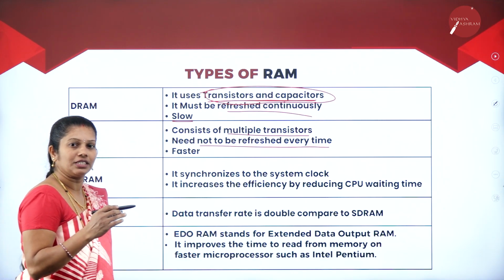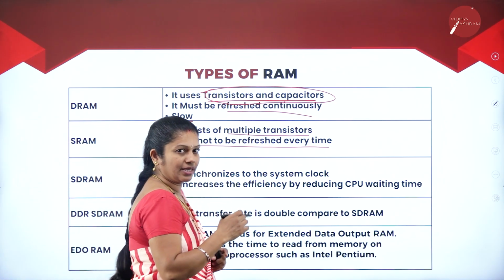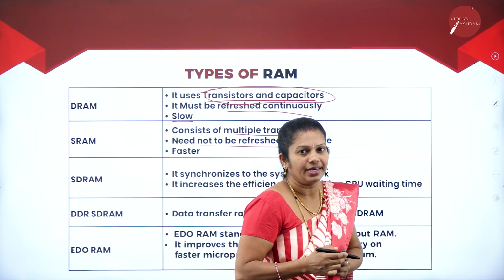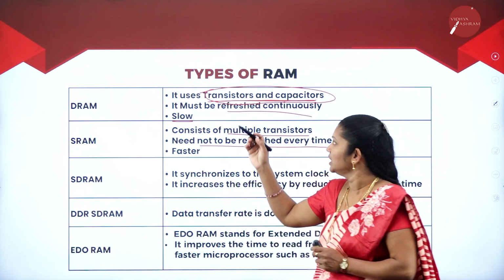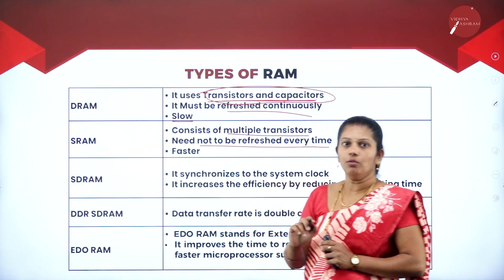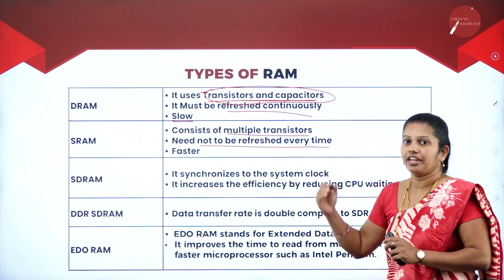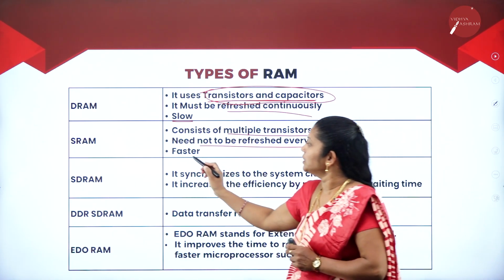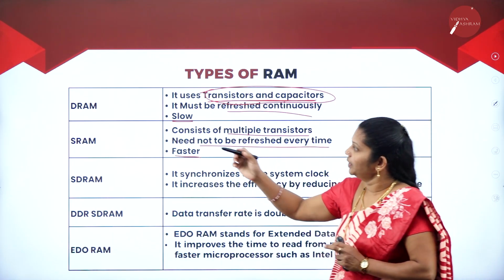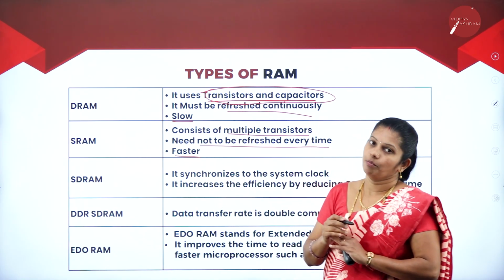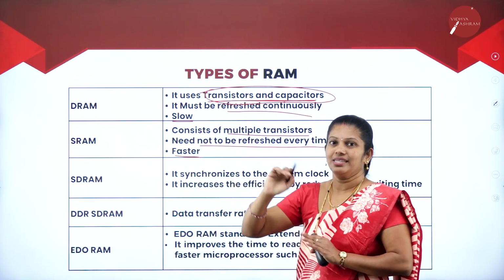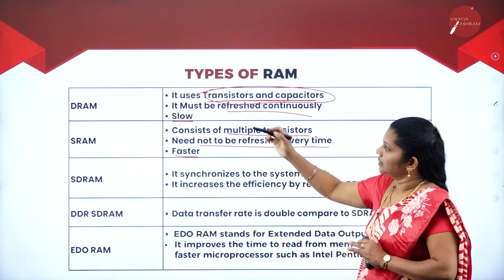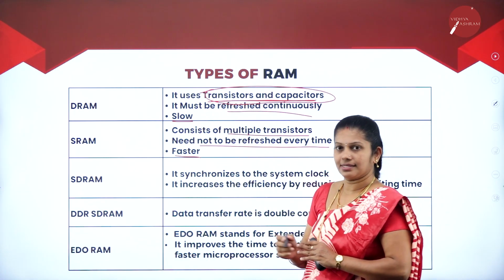In DRAM, we have to refresh each and every time, after each and every task, whereas in SRAM, there is no need to refresh always, and it is very fast. Compared to DRAM, the cost will be more, but in terms of speed it is faster. This is regarding DRAM as well as SRAM.